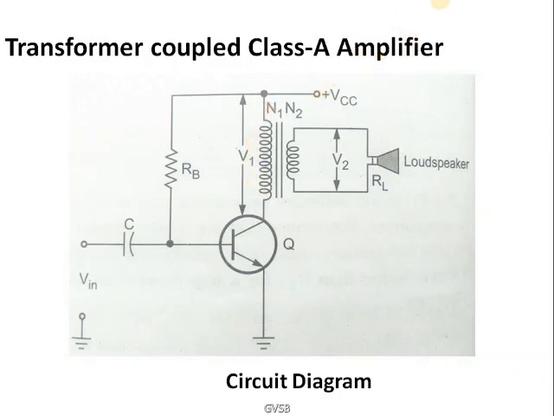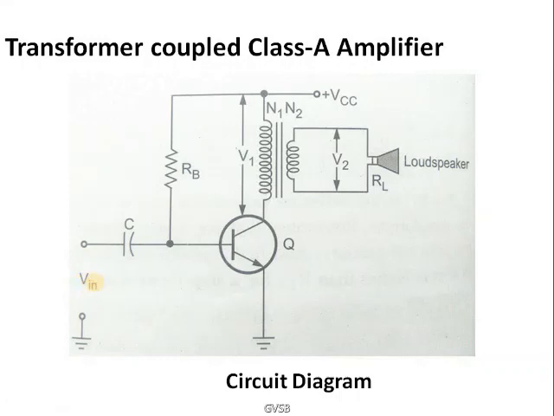So here we are using one impedance matching transformer. This transformer primary is connected as a load resistor to our Class A power amplifier, and we are adding the load to the secondary of the transformer. Here RB provides the biasing, VCC provides the DC supply voltage, and VIN is the AC input signal.